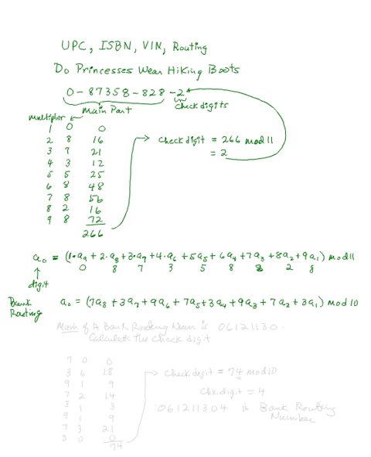As an example, suppose that we have the main part of a bank routing number is 0, 6, 1, 2, 1, 1, 3, 0.